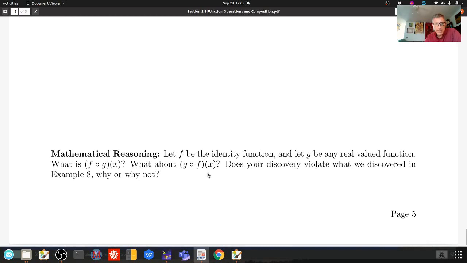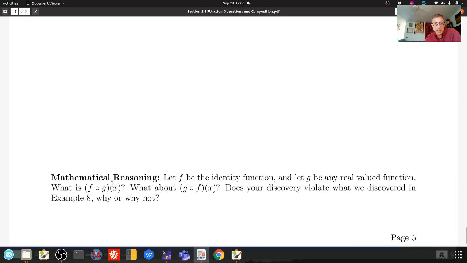Let f be the identity function, and let g be any real valued function. All of our functions in this context are real valued. What is f composed of g of x? What about g composed of f of x? Does your discovery violate what we discovered in example 8?